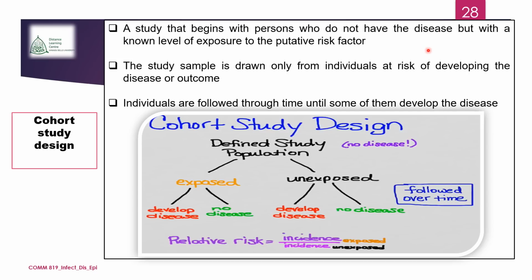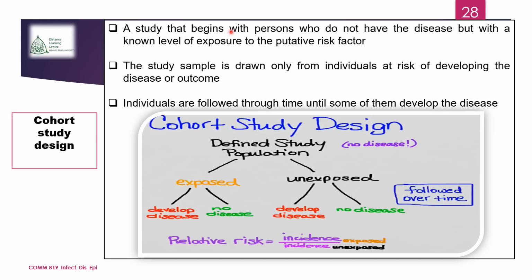Unlike in case control, where the subjects, the cases, have already established the disease, in cohort the disease is not there. But based on your previous knowledge that a certain group of people have been exposed to a certain factor capable of causing disease in future, you want to test whether the people will eventually develop that disease based on the previous exposure. So that's a cohort study.